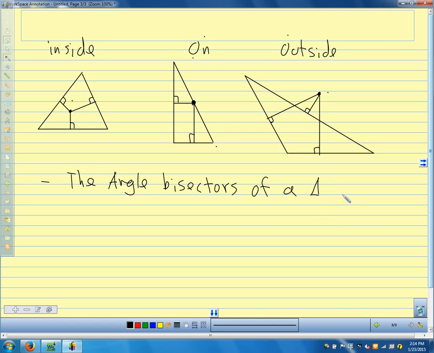The angle bisectors of a triangle are concurrent, at a point, so they all meet at a point, that are equidistant from the sides of the triangle.